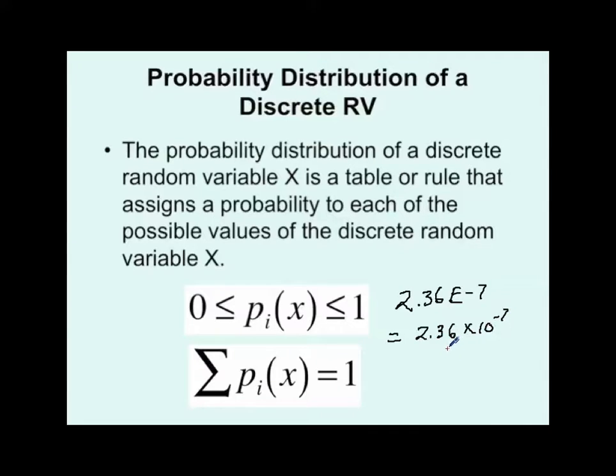So make sure you realize that that's not 2.36 as the probability. Keep that in mind. We'll talk about it more as we come across it. And when I add up all those probabilities in my probability distribution, the sum has to total 1 in order to be a proper probability distribution.